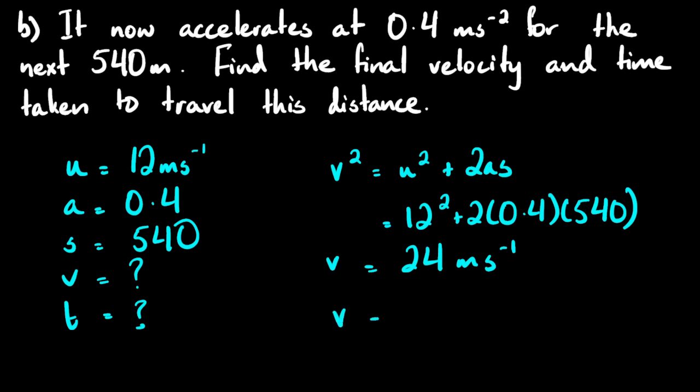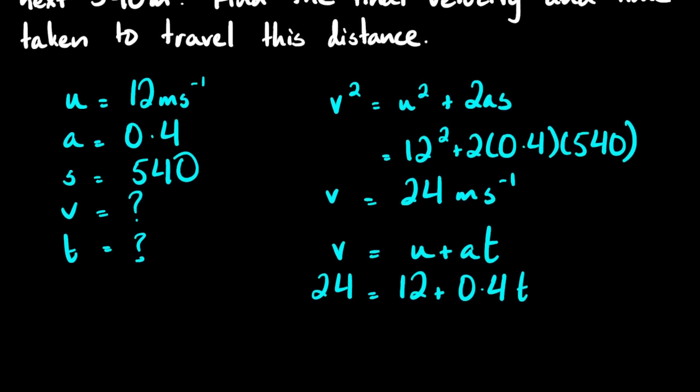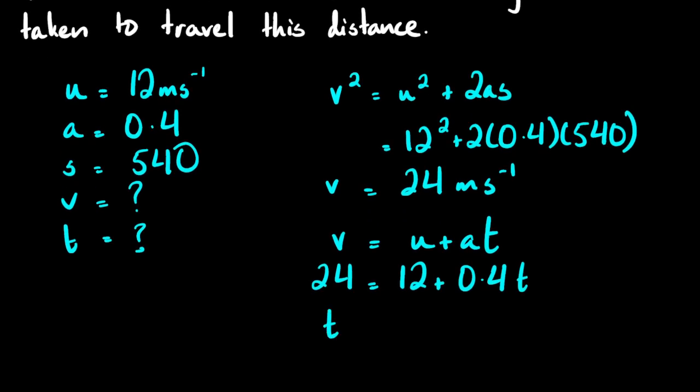Let's use the easiest one then, which is v equals u plus at. So 24 equals 12 plus 0.4 times t. 24 minus 12 would be 12 again, so 12 upon 0.4. So this time would be 30 seconds, right?